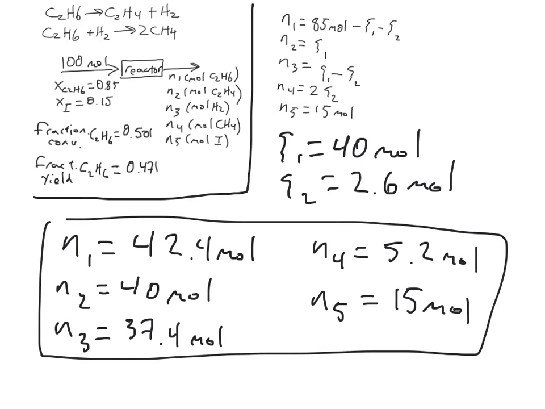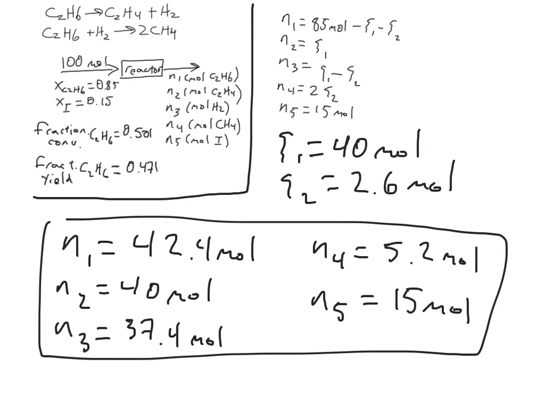And that's the general procedure for solving problems involving extent and multiple reactions. We need to go ahead and set up our various equations for the different species or chemicals coming out of the reactor in terms of the extents. If there's one reaction, there'll be one extent. If there's two reactions, two extents.